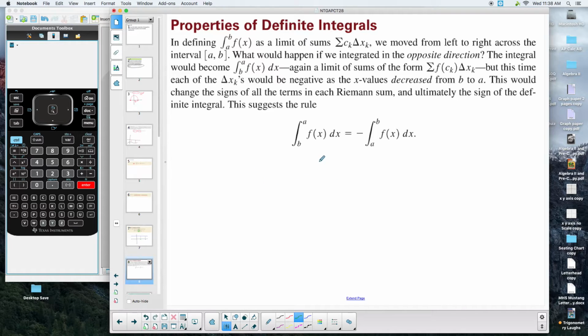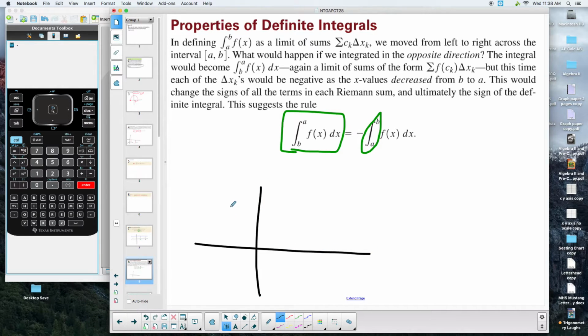For instance, what happens if I switch the limits? All right, take a look. This is like saying we have a function from b to a. Well, what if I switch limits and go from a to b? What happens when I go backwards?